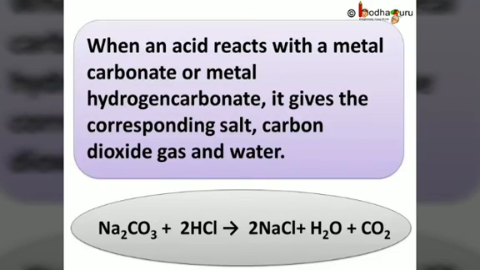For example, Na2CO3 plus 2HCl gives 2NaCl plus H2O plus CO2. That is, sodium carbonate reacted with hydrochloric acid to give a salt, sodium chloride, along with carbon dioxide and water.